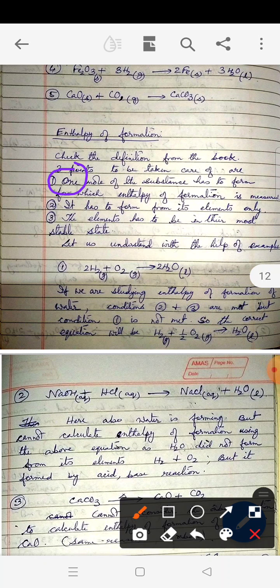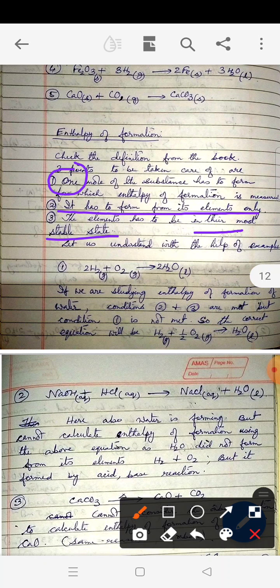Second, it has to form from its elements only, not from any other combination. The elements have to be in their most stable state. Now let us try to understand what we mean by these.